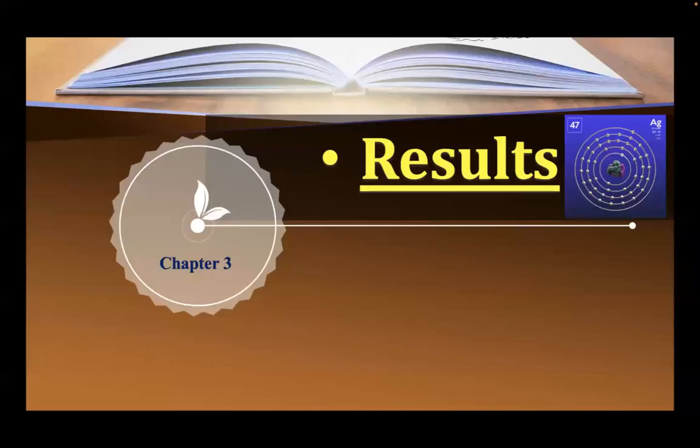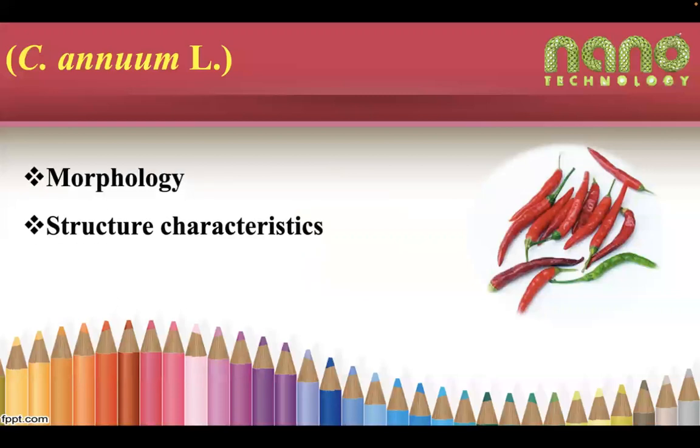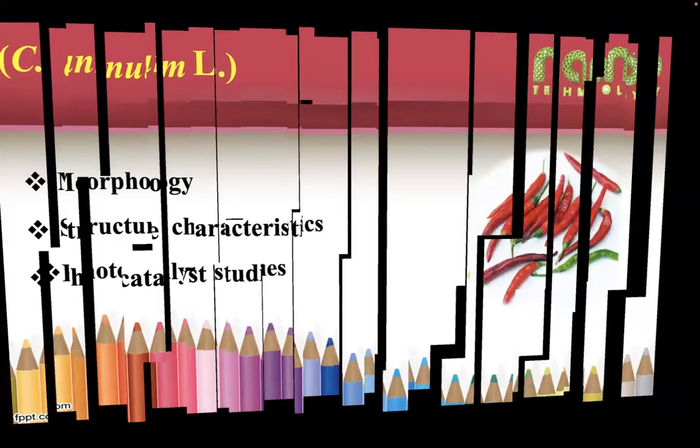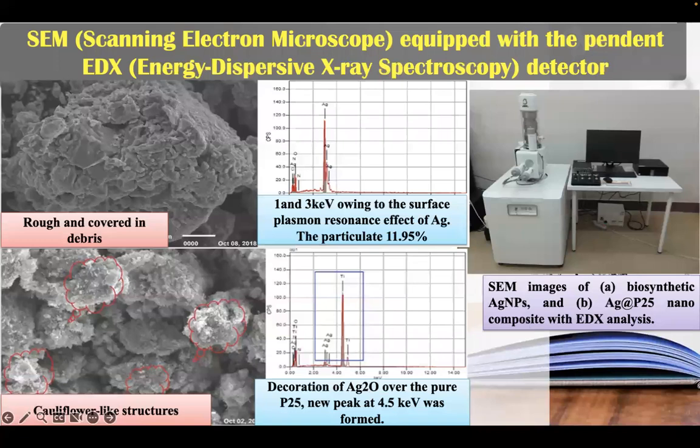Then it comes to the results, and the most important are the morphology, structure characterization, and photocatalytic studies. If we use high resolution transmission electron microscope, this is a very efficient method to see the size, for example, here 10 nanometer and here 5 nanometer.